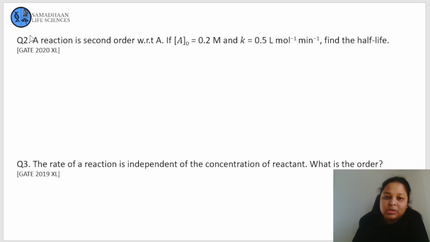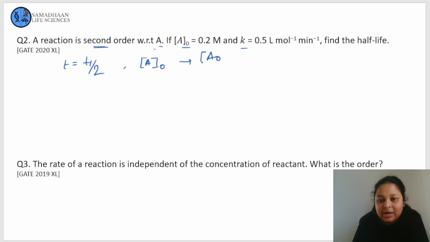A reaction is second order with respect to A. The initial concentration and k are given. Find the half life. At t equal to t half, the initial concentration A0 becomes exactly half.